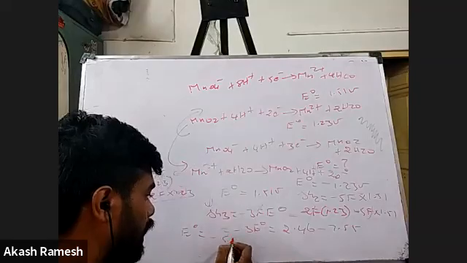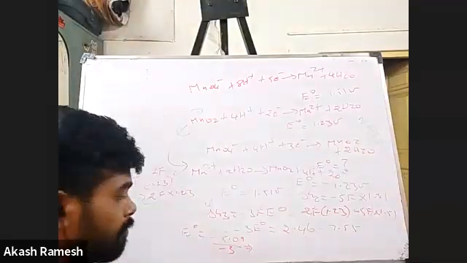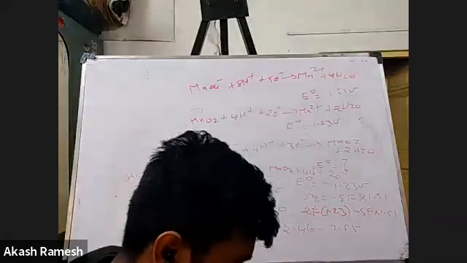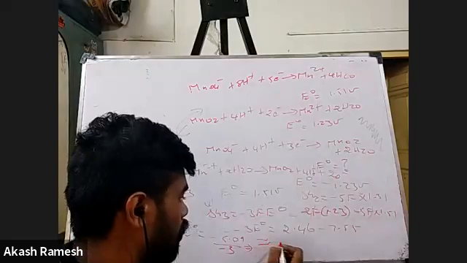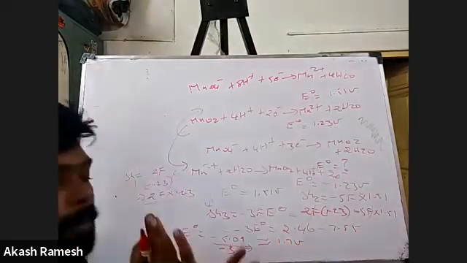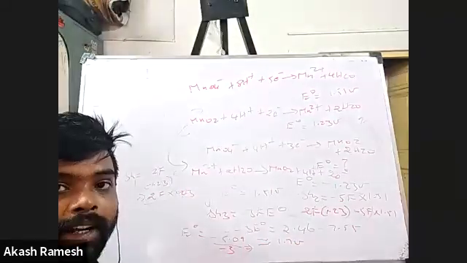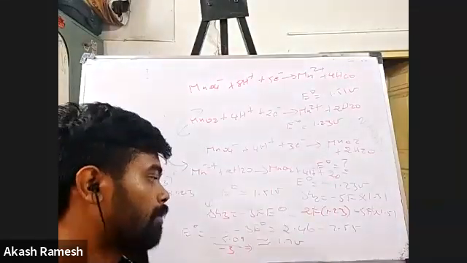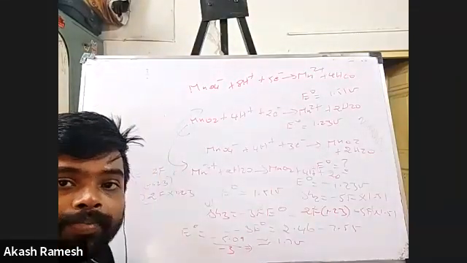Divided by minus 3, approximately you will be getting the answer as plus 1.7 volts.